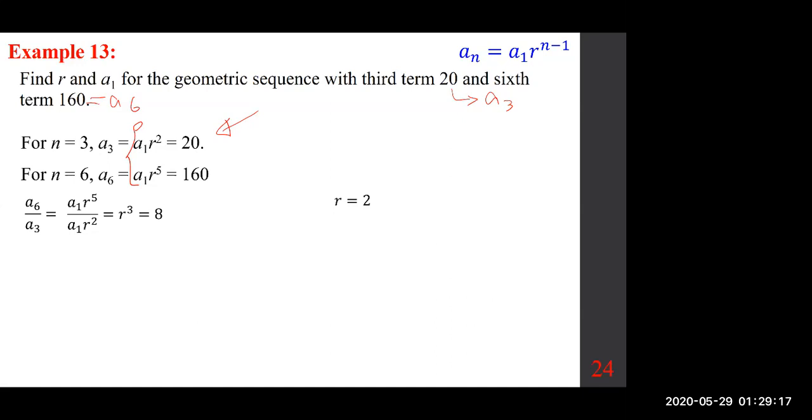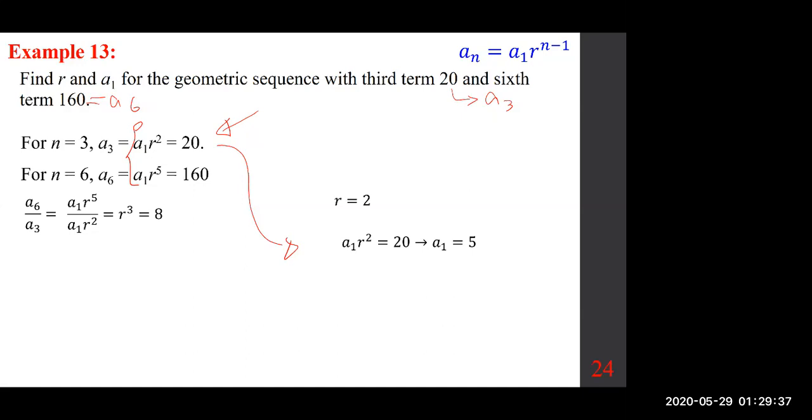So if R is 2, you use one of these equations, okay, class? For example, this one: A sub 1 times 2 squared equals 20.